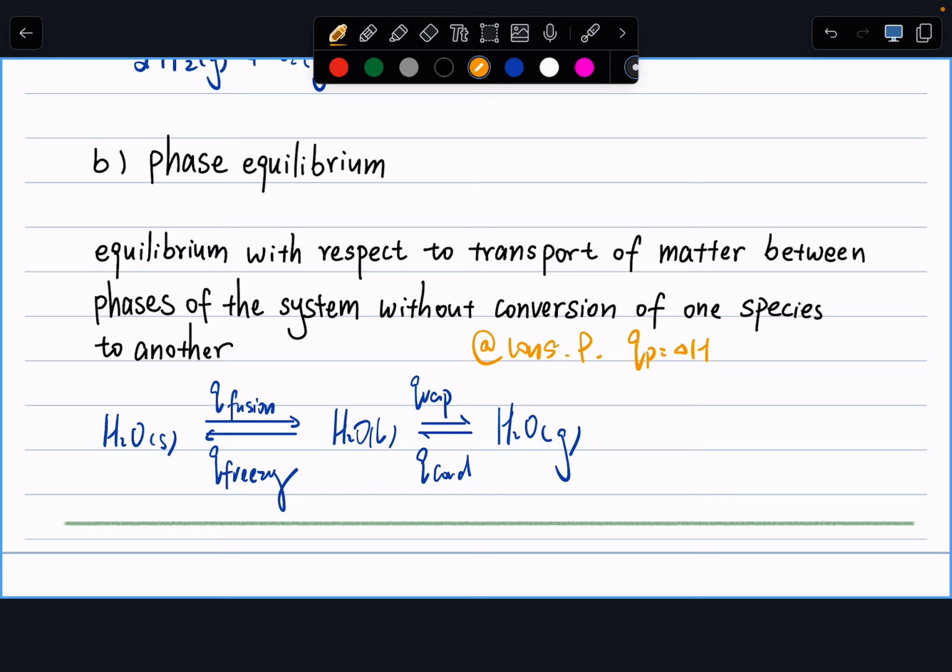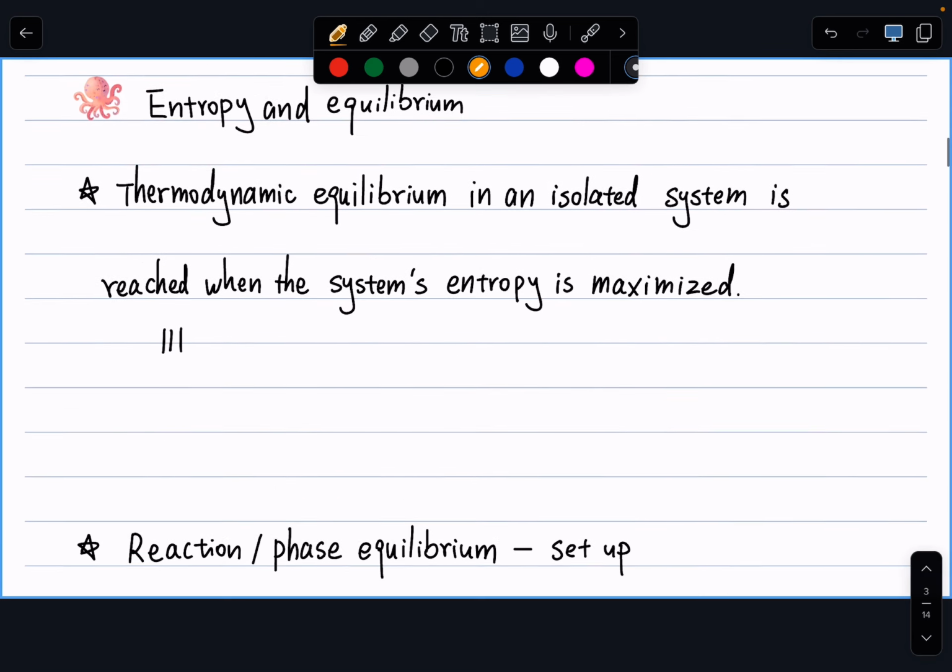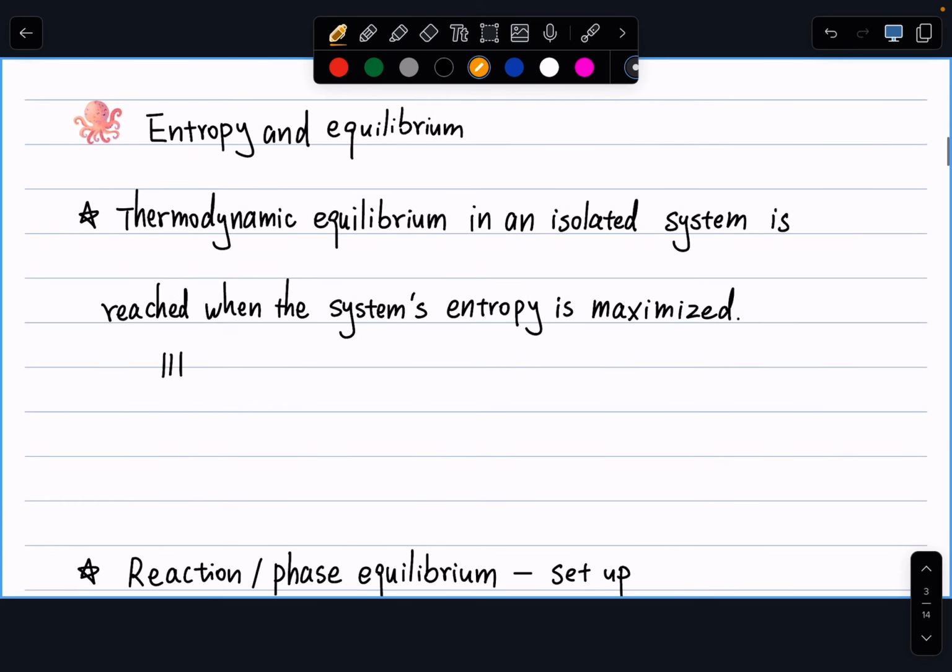And now let's think about linking equilibrium or material equilibrium with entropy. So in our last lecture, we did all the derivation and ended up saying, by using the second law of thermodynamics, that the thermodynamic equilibrium in an isolated system is reached when the system's entropy is maximized.